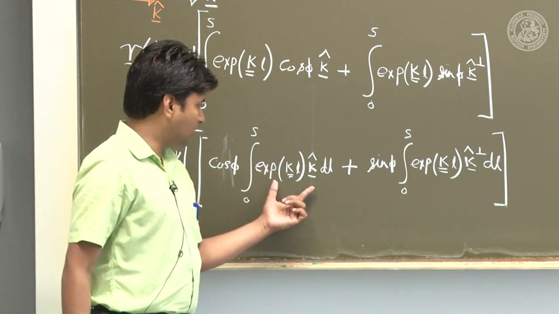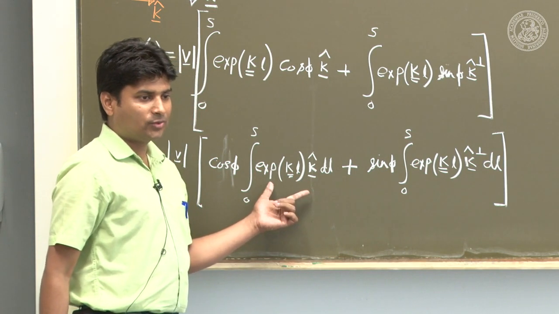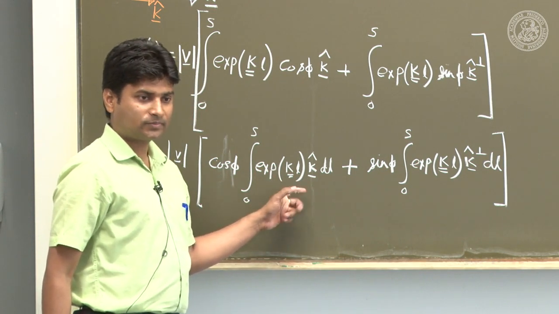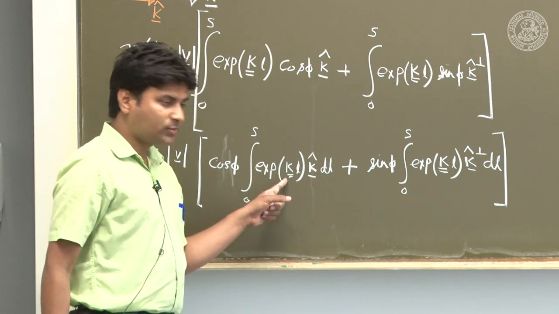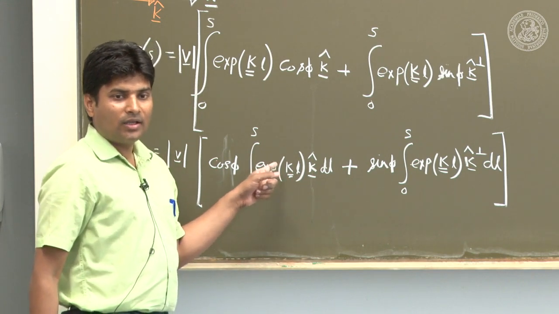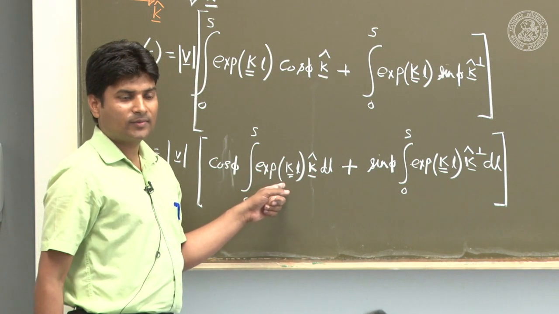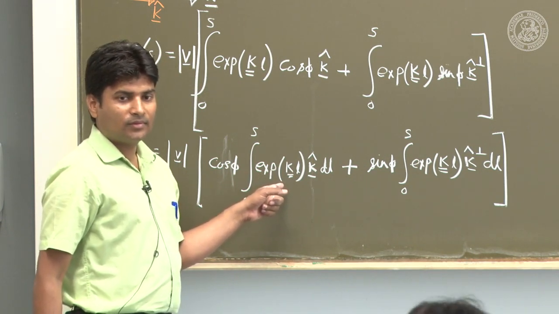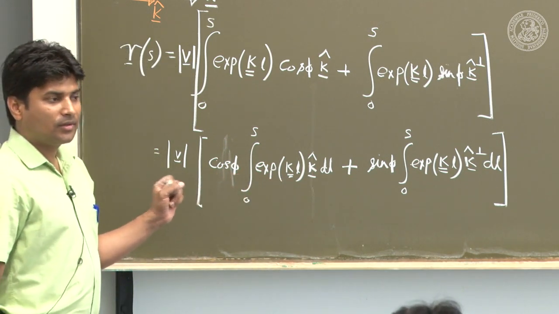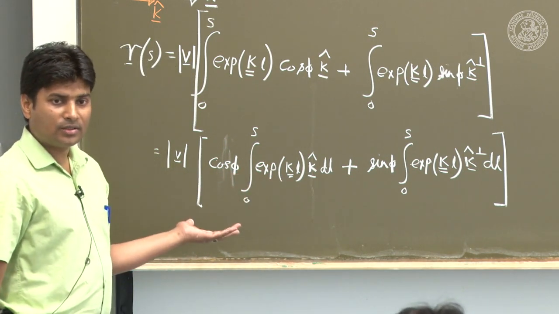Now look at the first term. What is this going to give you? Exponential of K L. What's the axis of this rotation matrix? It is definitely a rotation matrix.